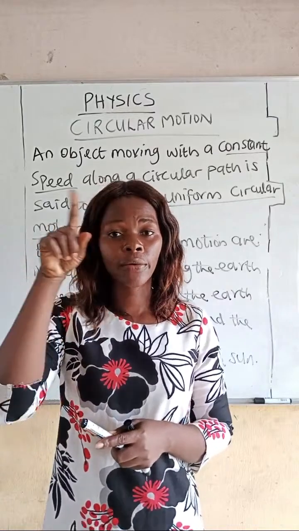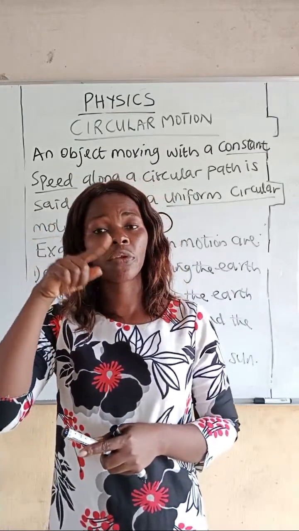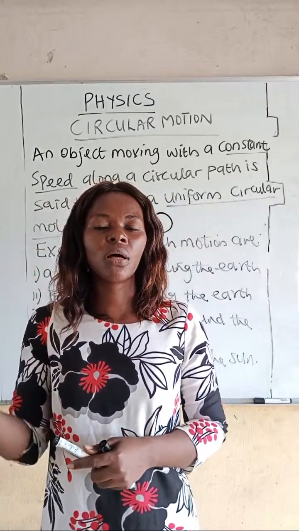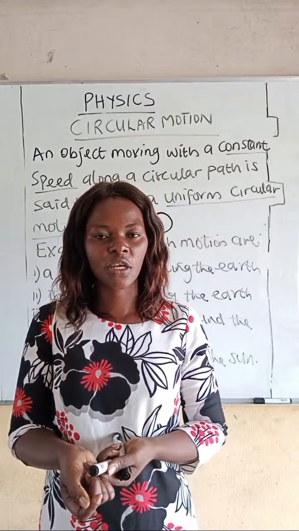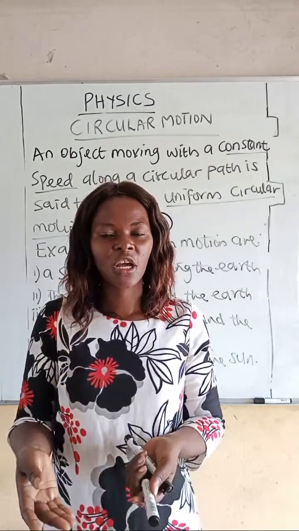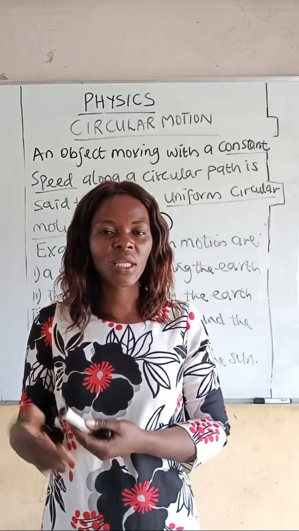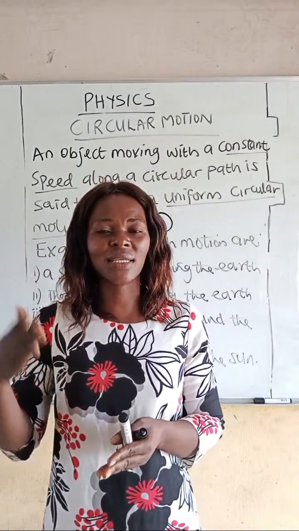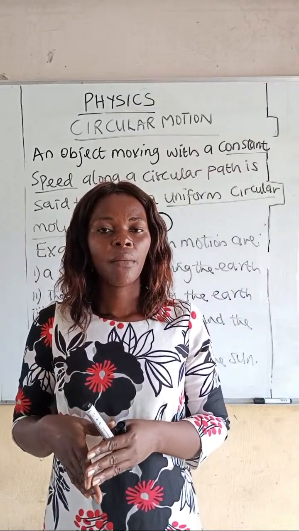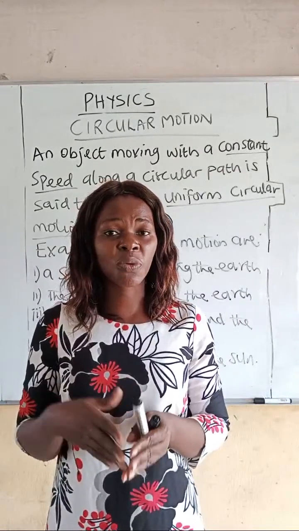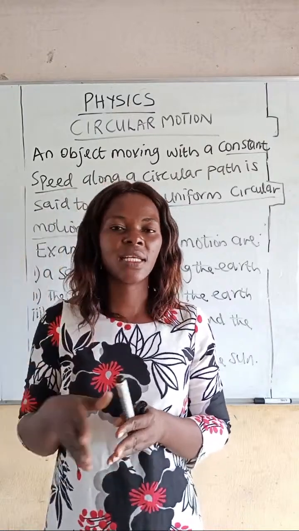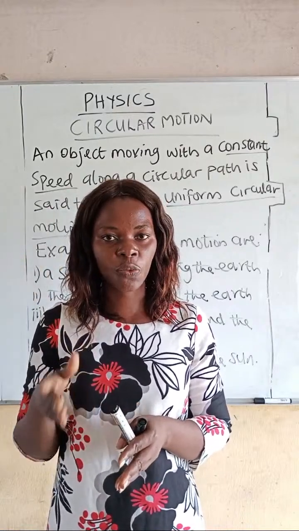Okay. All right. If I give an example of rotational motion, the motion of what? A merry-go-round. A merry-go-round is an example of rotational motion, but it cannot be classified as circular motion because the speed is not constant. You can stop the movement, you can still continue with the movement, so it's not a constant speed. Any motion that has a constant speed should be considered as circular motion, okay? But any that does not have a constant speed should be considered as what? Rotational motion. But all takes place in a circular path. Do we understand?